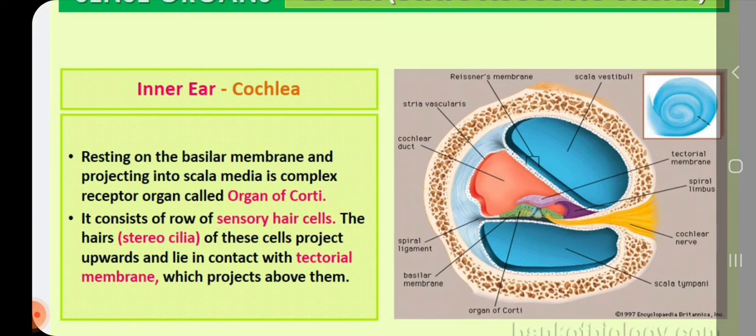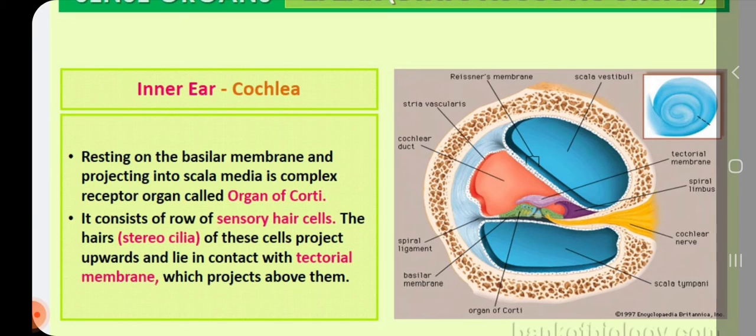So once again I'll repeat, the membranous labyrinth consists of the cochlea, and that cochlea is divided into different chambers by the Reissner's and the basilar membrane, which divides the surrounding perilymph filled with the bony labyrinth into an upper scala vestibuli and the lower scala tympani. The space within the cochlea is called the scala media, where that scala media is filled with the endolymph.